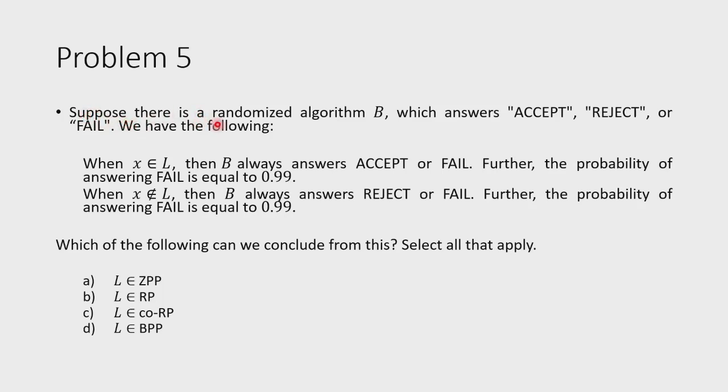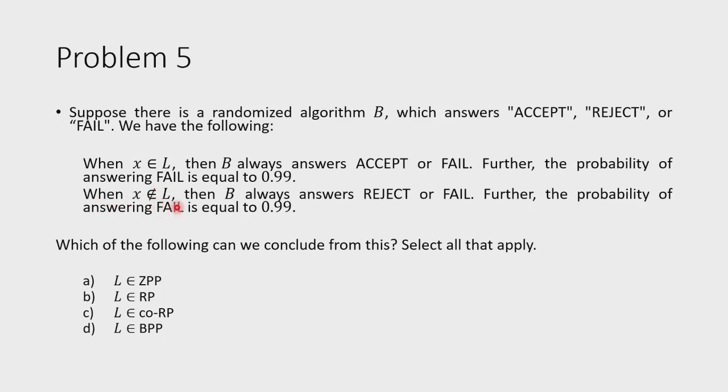Suppose that there is a randomized algorithm B which answers accept, reject, or fail, and we are given the following two guarantees. If X is in L, then B always answers accept or fail. Further, the probability of answering fail is equal to 0.99.